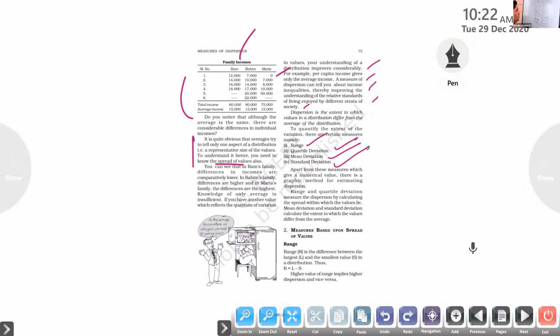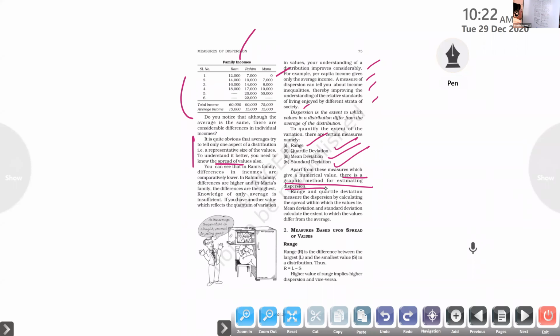Average will not show individual data or individual standards. Apart from these measures which give a numerical value, there's a graphic method for estimating dispersion. Not only this numerical method, we can use a graphical way to find out the dispersion there.